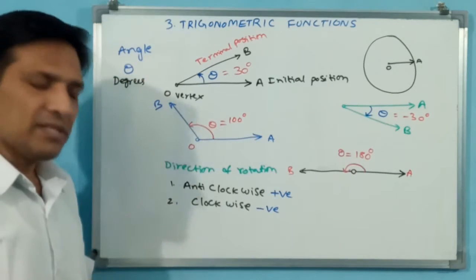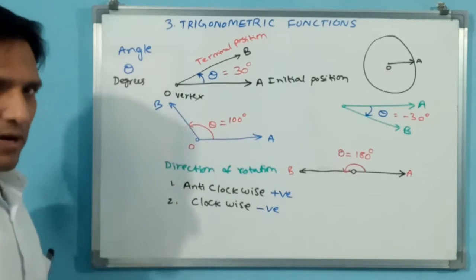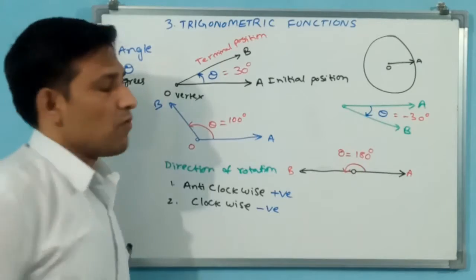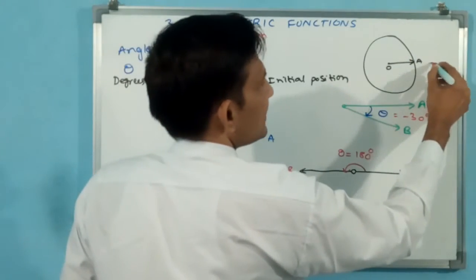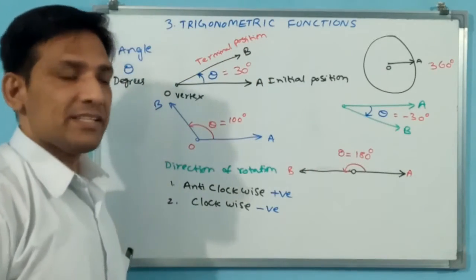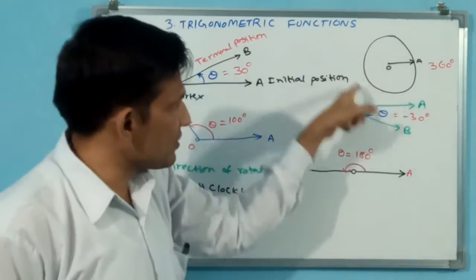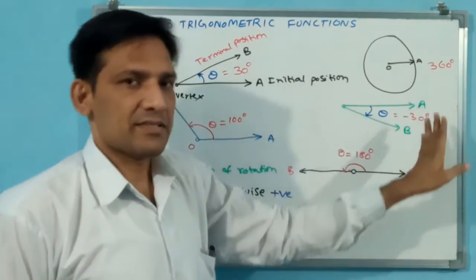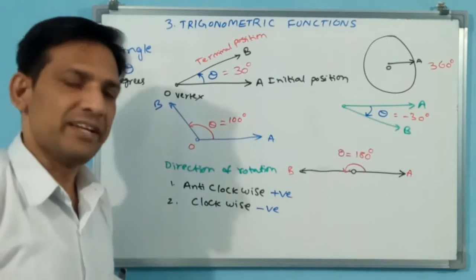How degrees have been derived. Okay. See what mathematicians have done. One complete revolution of a circle, they have taken as 360 degrees. You may rotate it anti-clockwise or clockwise, but if you finish one cycle, one circle completely, then that is going to be called 360 degrees.